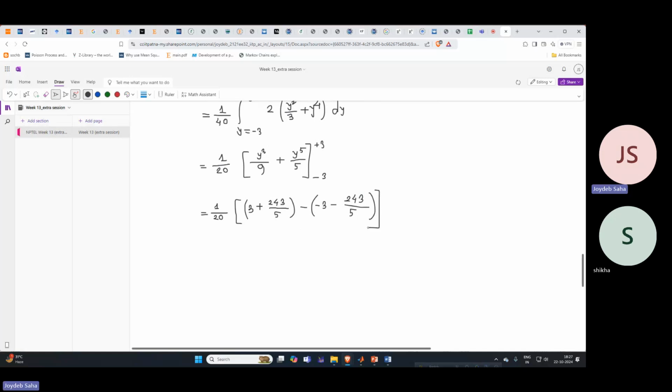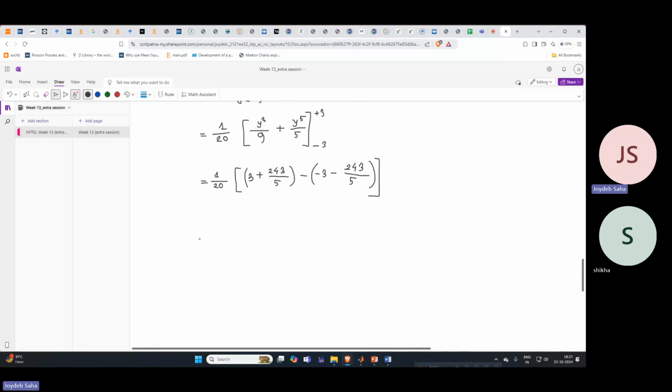So what we are getting, it will be 1 upon 20 multiplied with 2 multiplied with 258 upon 5, right?